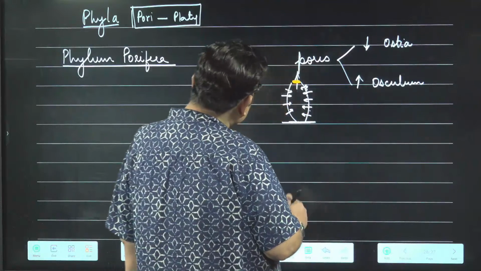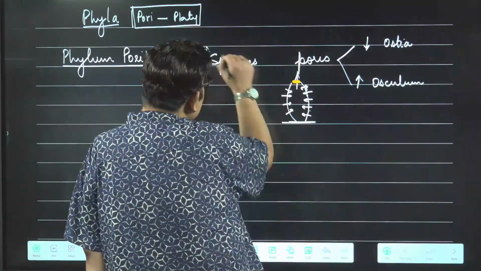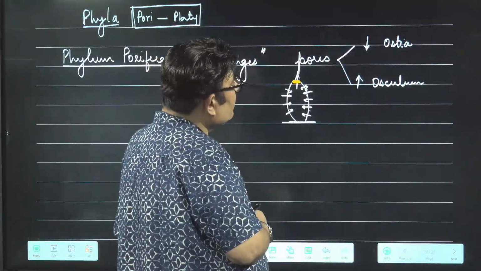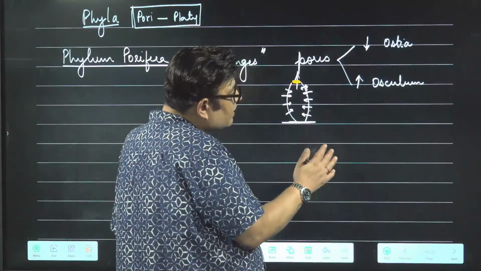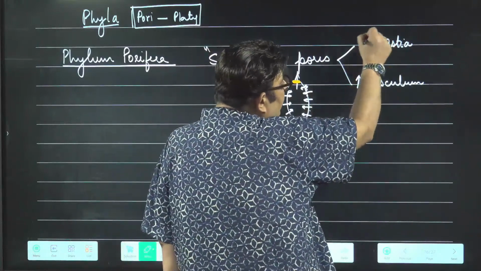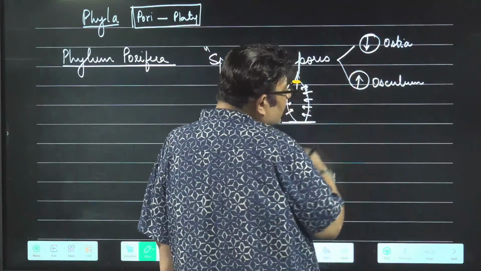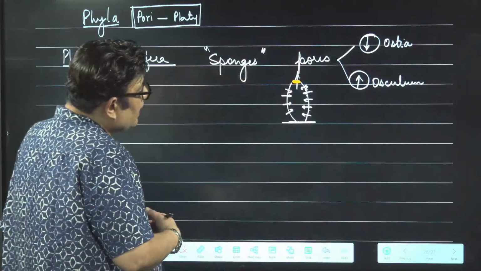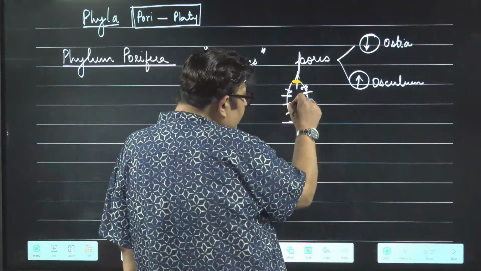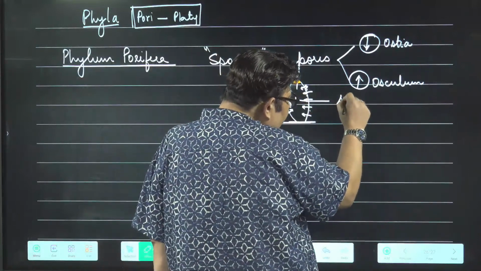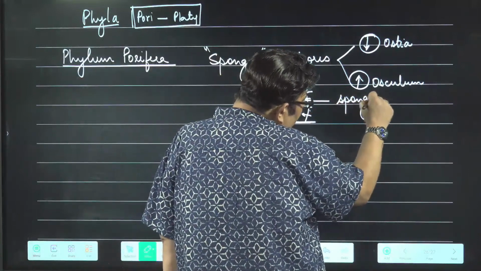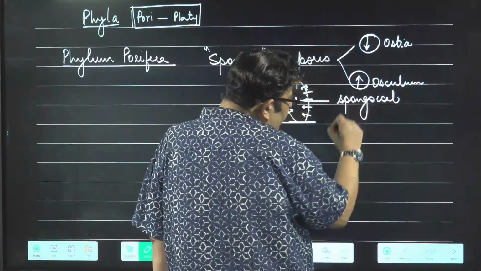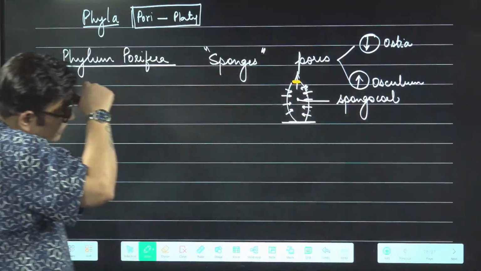Pores are there, and therefore they are known as sponges. Ostia, many, for input, and osculum, one, for output. In between there is a cavity, and this cavity is known as spongocoel.